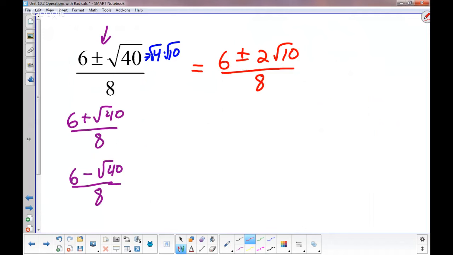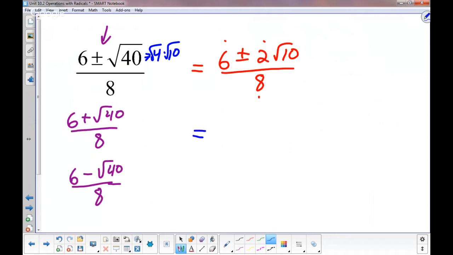Now, everything there has an even number, but I'm not going to touch the radical because, again, numbers on the inside do not mix with numbers on the outside. But I do know that my 6, 2, and 8 are all divisible by 2. So at this point, I can divide them.